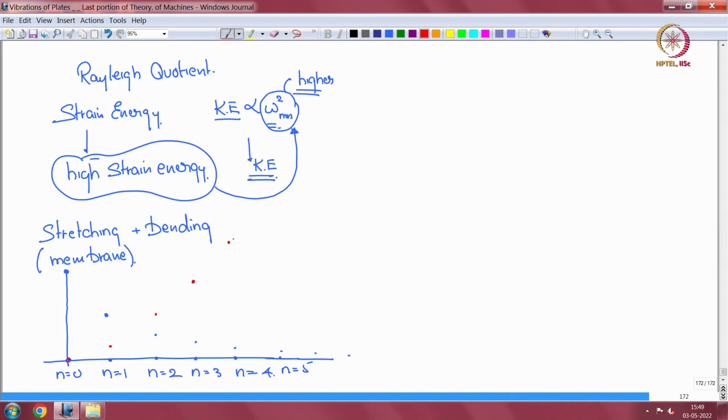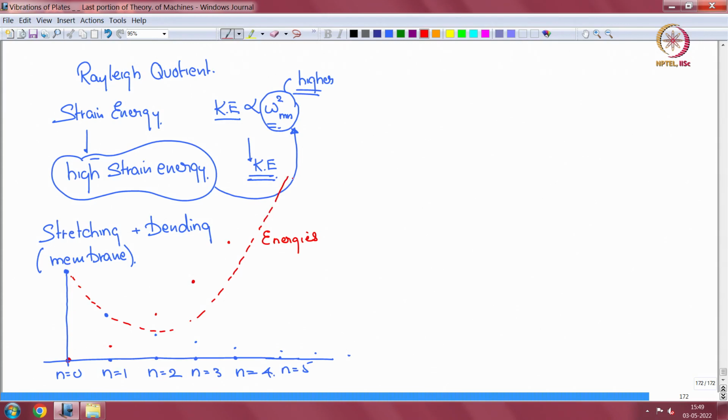Now these are strain energies. If we add this up, you will get a picture that looks like this. The net picture looks like this.